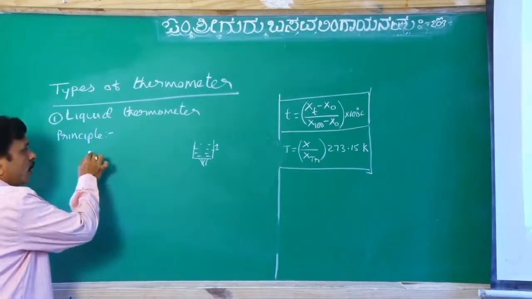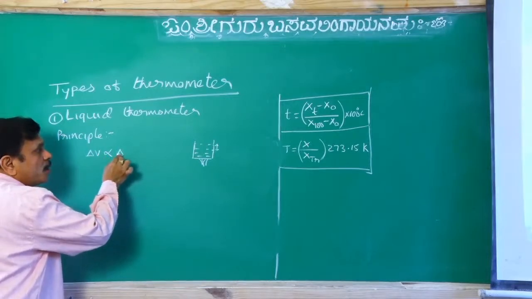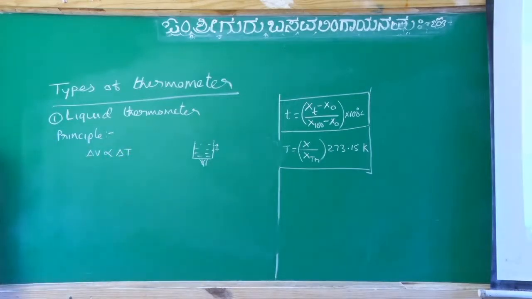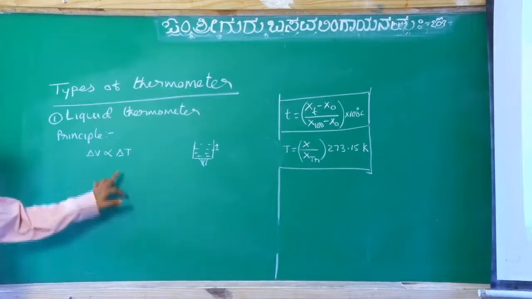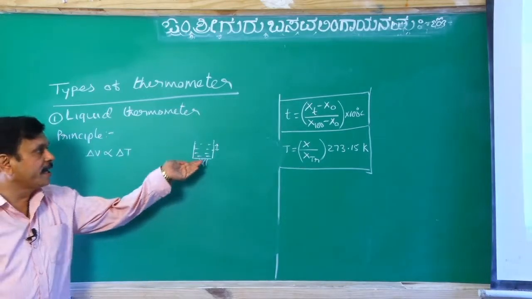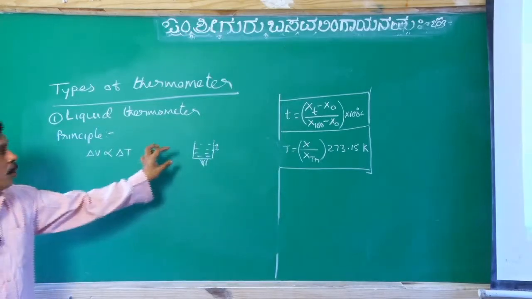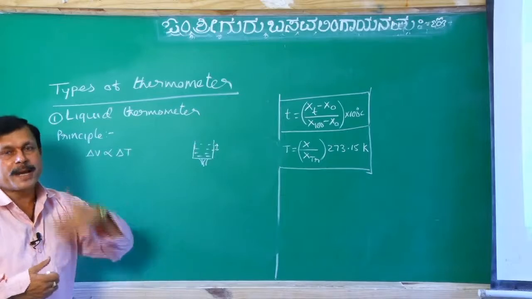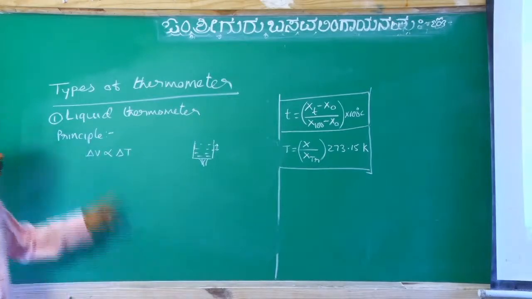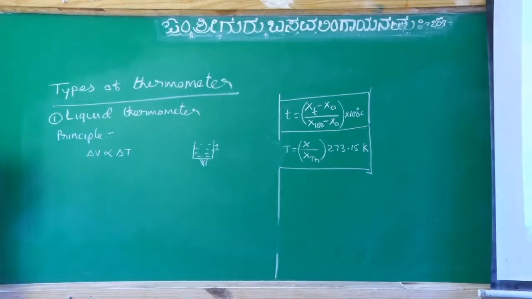So the volume of a liquid is directly proportional to the change in temperature. As we go on heating more and more, the volume of the liquid will go on increasing by more and more. That is the principle of this particular thermometer.